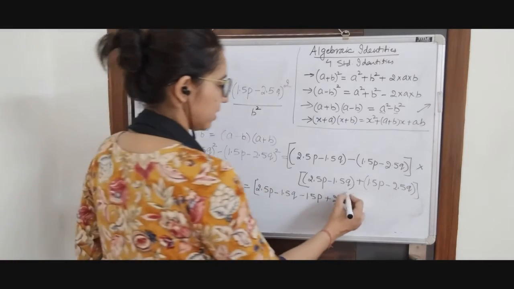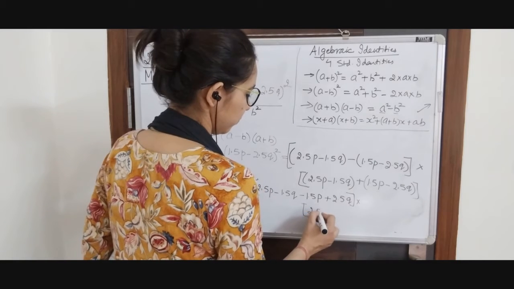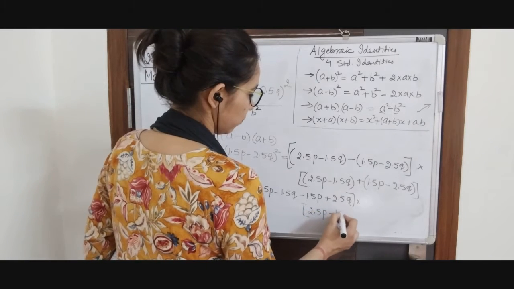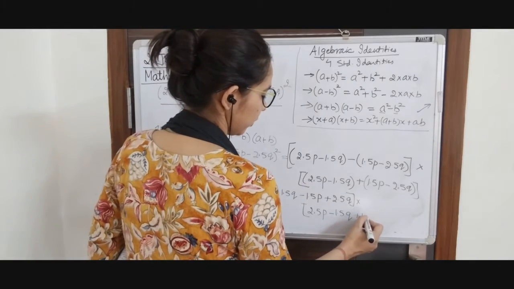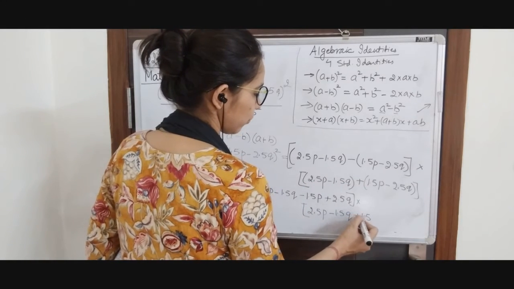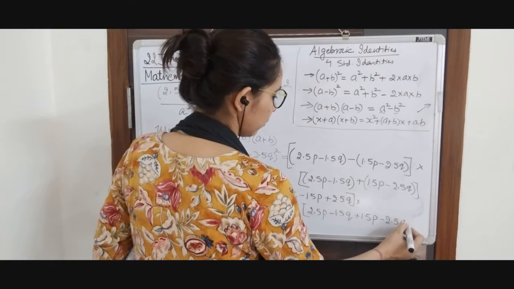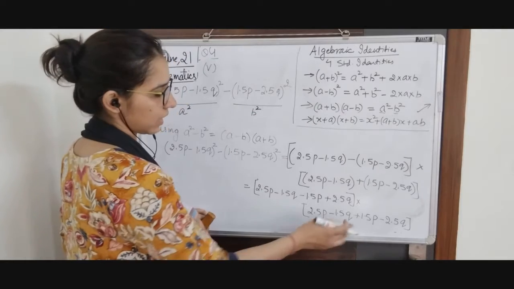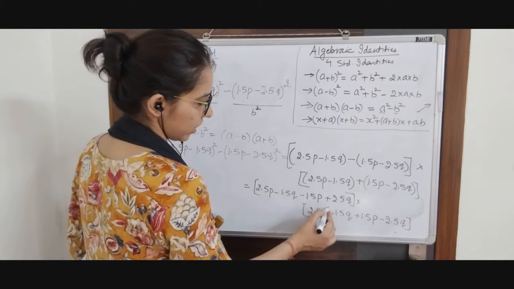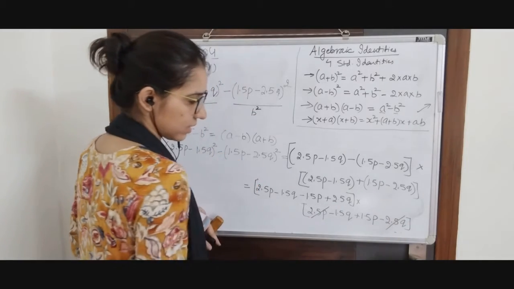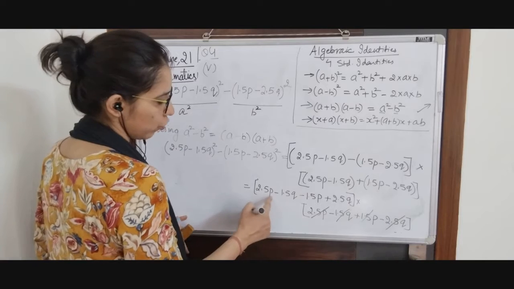For second binomial, we are going to get 2.5p minus 1.5q first term as it is plus 1.5p. Because we have positive signs are not going to get changed. We can write them as it is. So here in this second expression, not binomial, we can cancel these terms out and these terms out.